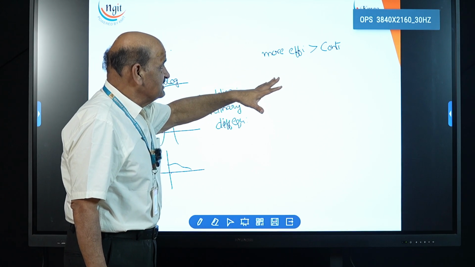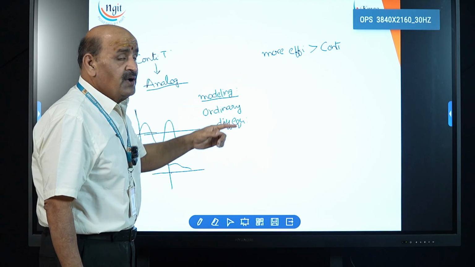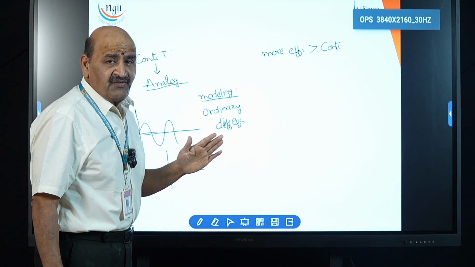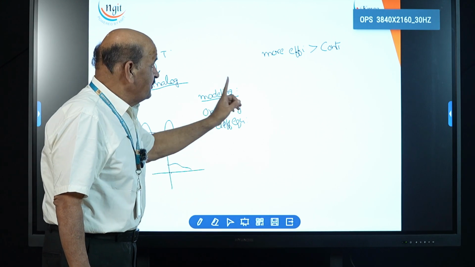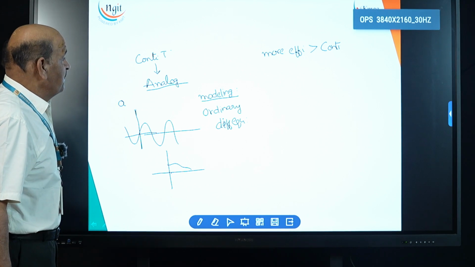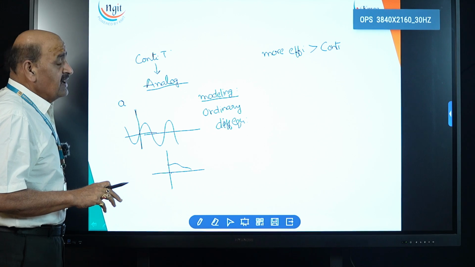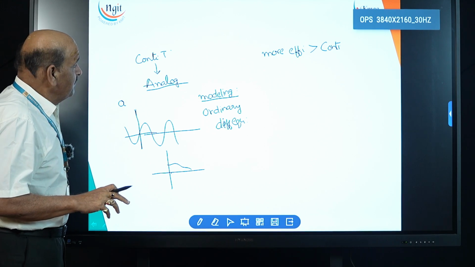In some very rare cases, we use difference equations there also. Differential equations are different, difference equations are different. So these are the different comparisons between continuous time signals and discrete time signals.